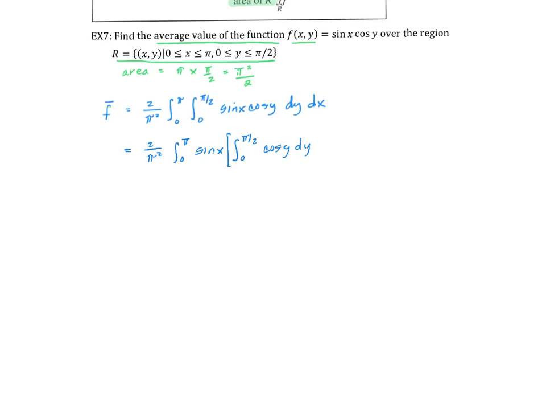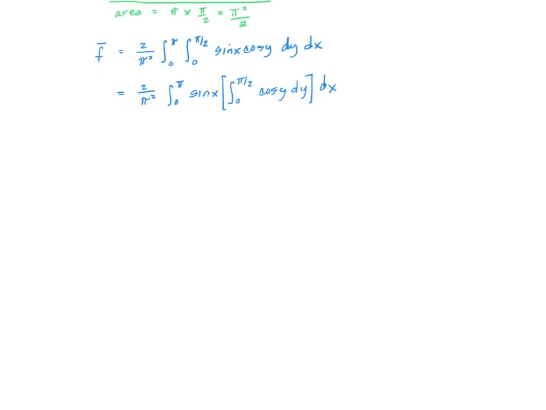I'm going to do this piece first and then x second. Notice I would not pull that sine of x out to the front of both integrals, because I still have to integrate with respect to x, so it still has to stay on the inside. It can't go where the 2 over pi squared is. But I can pull it out of the integral with respect to y.